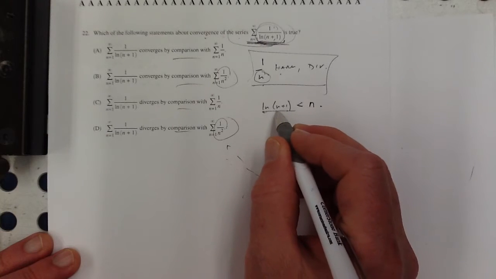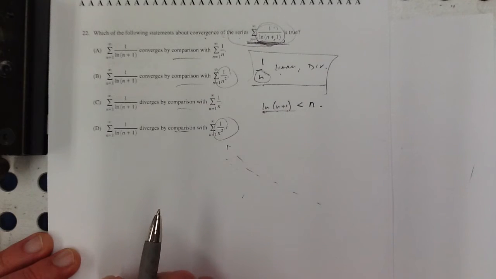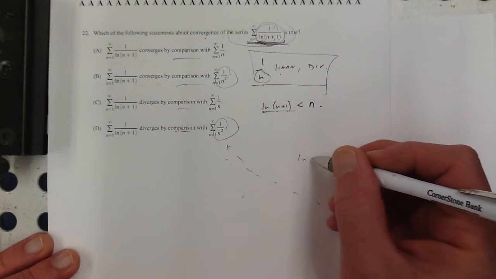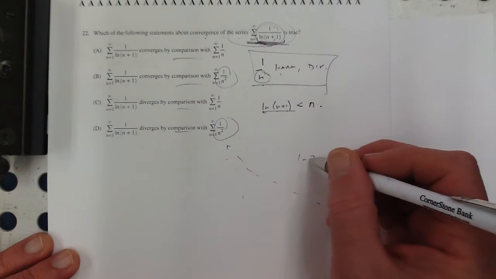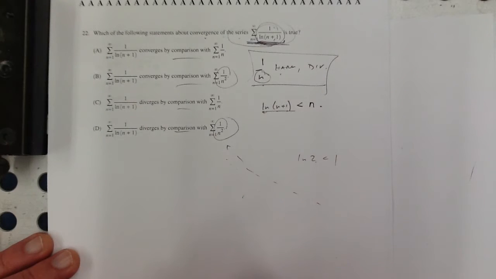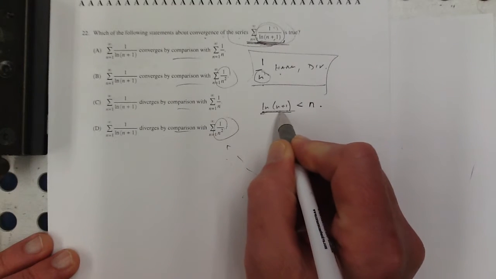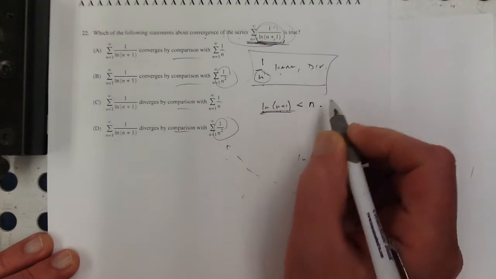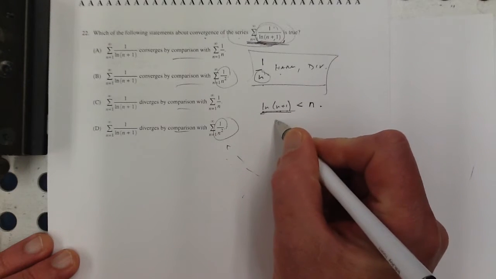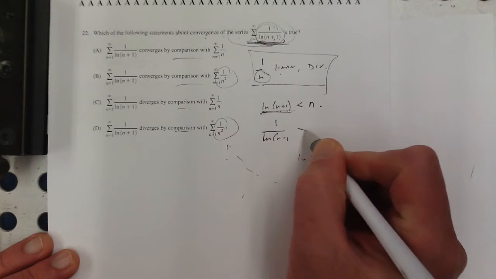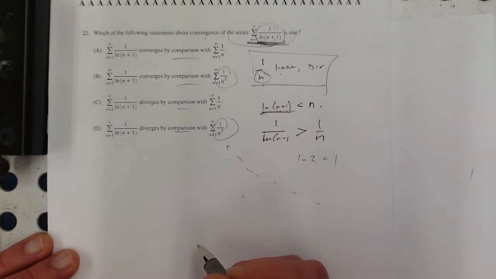So it's true that the natural log of n plus 1 is in fact less than n for all numbers greater than or equal to 1, because the natural log of 2 is less than e, so that is less than 1, and gets even more true after that. If you flip these numbers over, then 1 over the natural log of n plus 1 is greater than 1 over n, right?